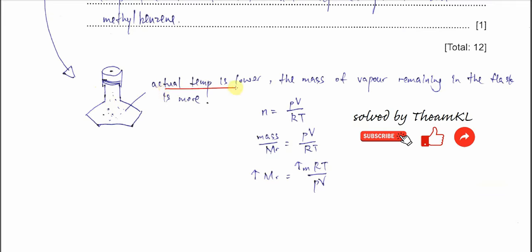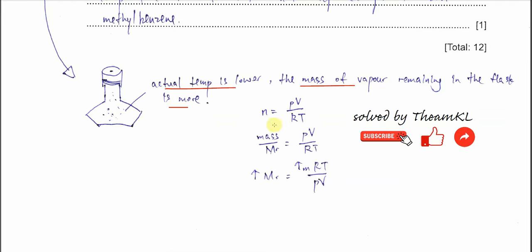It is telling us that the mass of the vapor remaining in the flask is more. With higher temperature, the mass of vapor is lesser because there is a hole there. So lower temperature means the vapor will remain there more, meaning the mass is actually larger. If it's higher temperature, the vapor might escape more, remain lesser, then the mass is lesser.